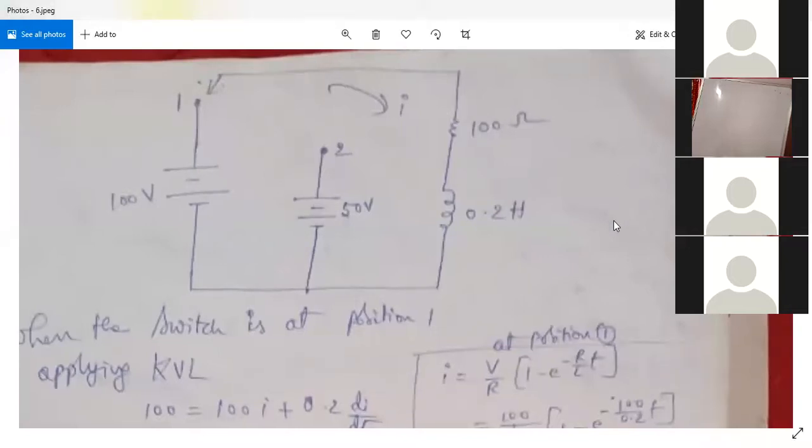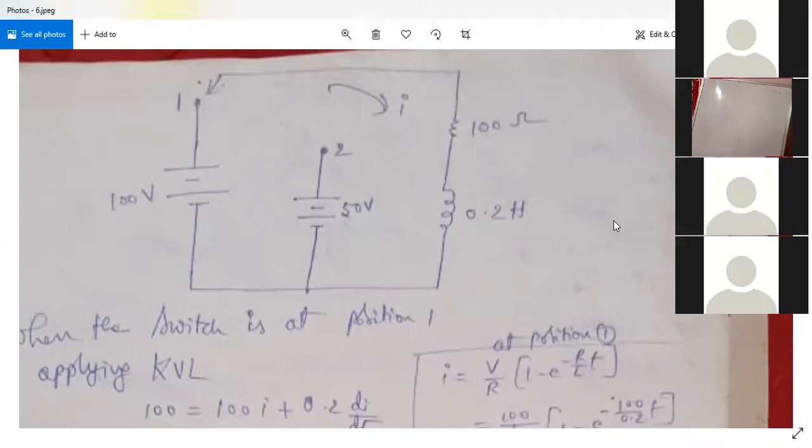Obtain the current equations in both the intervals.